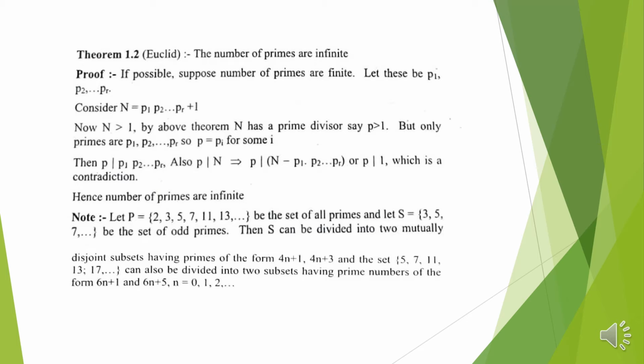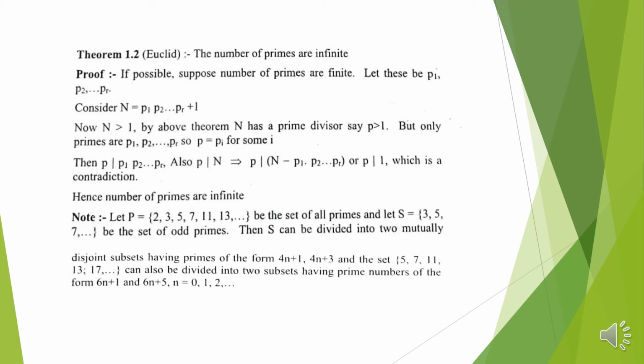So p is equal to pi for some i. Then p divides p1 p2 p3 p4 and so on, pr. Also p divides N, which implies p divides N minus p1 dot p2 dot p3 and so on, pr, or p divides 1, which is a contradiction. Hence the number of primes is infinite.